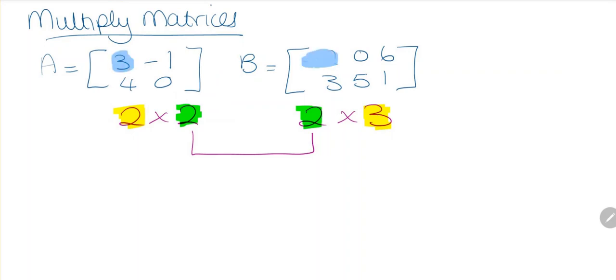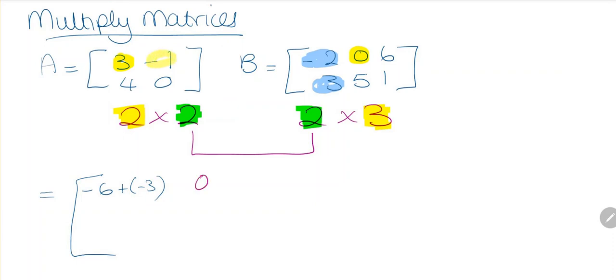So if we actually go ahead and multiply these, we're going to have 3 multiplied by minus 2. So 3 times minus 2 is minus 6. And then minus 1 multiplied by 3 is minus 3. And then we go on to our next column. So 3 times 0 is 0.